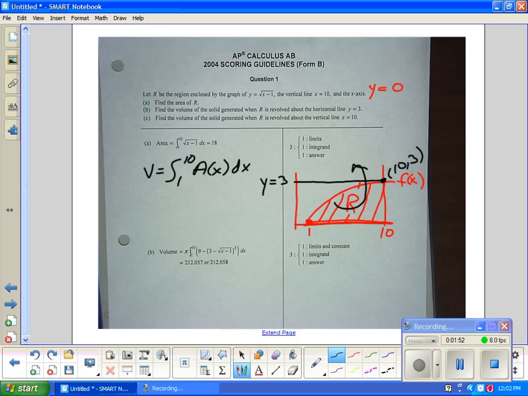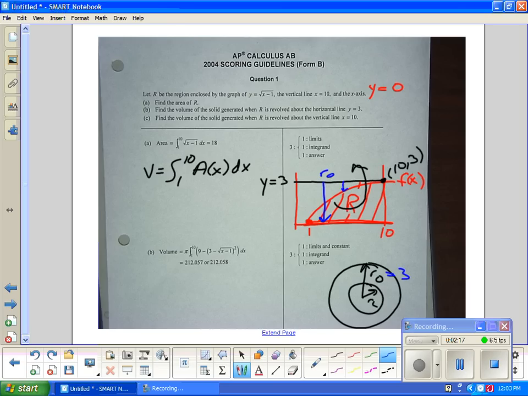And then you say, well, what kind of shape do I have? Well, I have a washer, R_I and R_O. R_O is really easy this time. You guys agree? R_O is always 3.